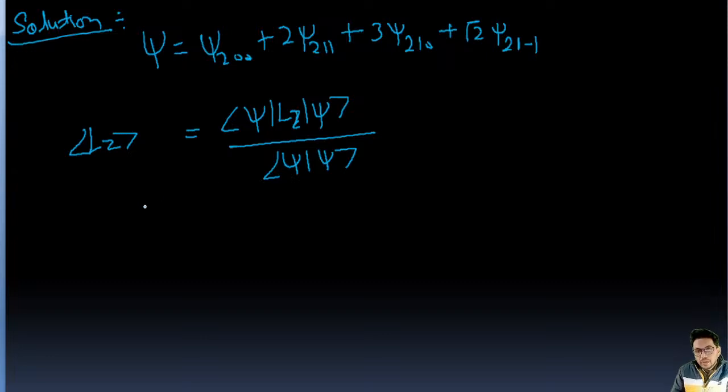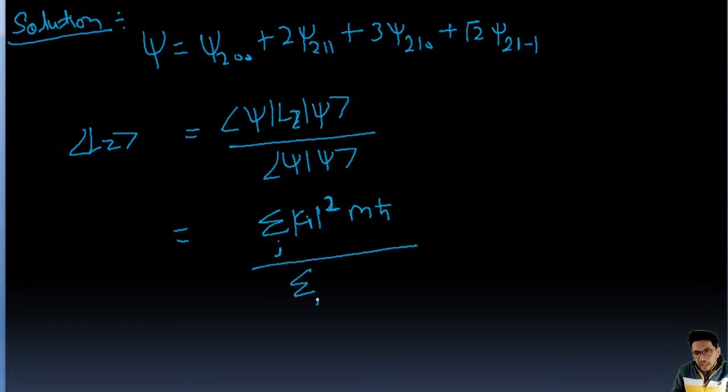Here the value of m is going to be very important. The formula is sigma over i of mod square of Ci times m h cut, upon sigma over i of mod Ci whole square.